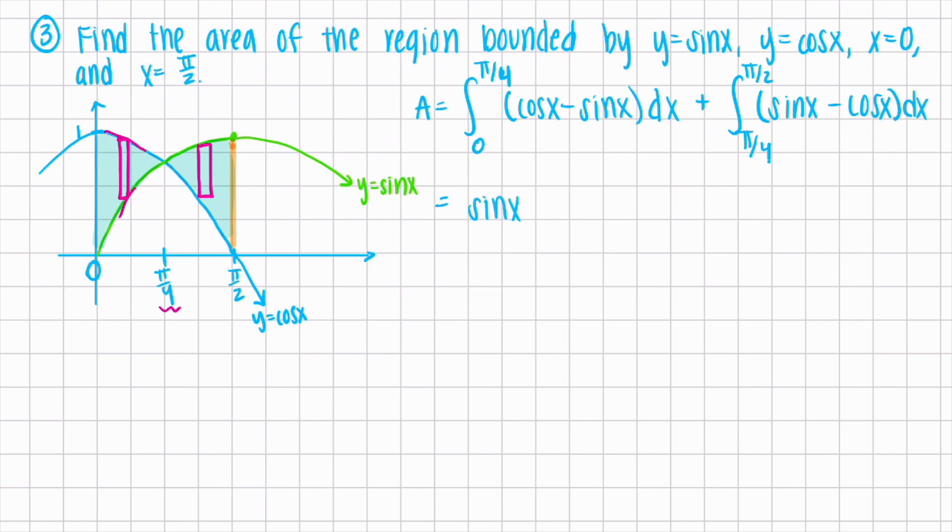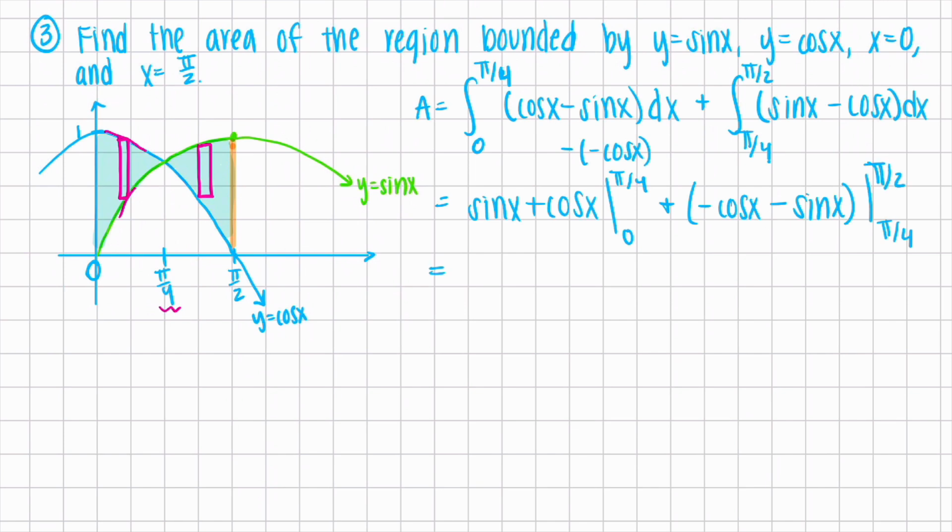We want to integrate both of these, so the integral of cosine is sine. The integral of sine is cosine, but it's negative, so you're going to have negative cosine of x. So I'm going to say plus cosine of x. We're evaluating those from 0 to pi over 4. Plus, integral of sine is negative cosine of x. Integral of cosine is sine, so I'm going to have negative sine of x. And we're evaluating from pi over 4 to pi over 2.